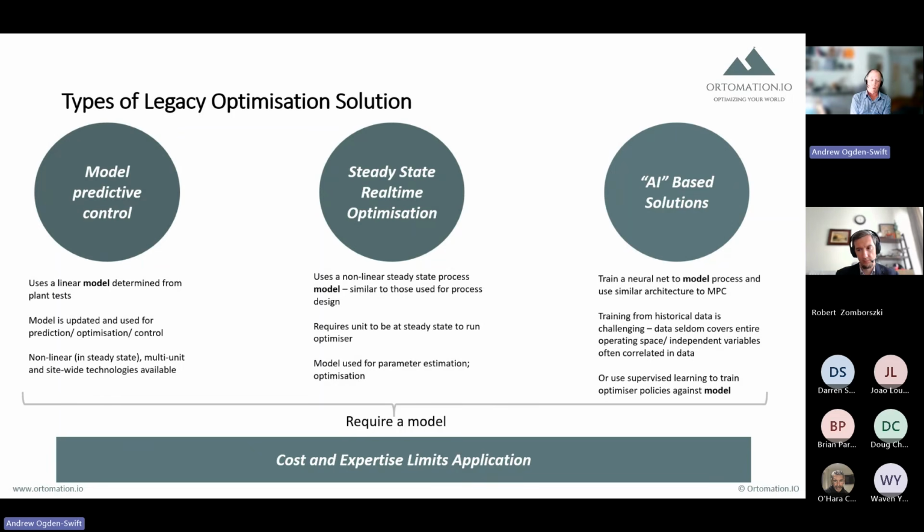And that requires a lot of expertise, and it incurs a lot of cost. And this in reality has meant, although these solutions have been around for 3 or 4 decades, the application has been fairly limited because of the cost and expertise needed.